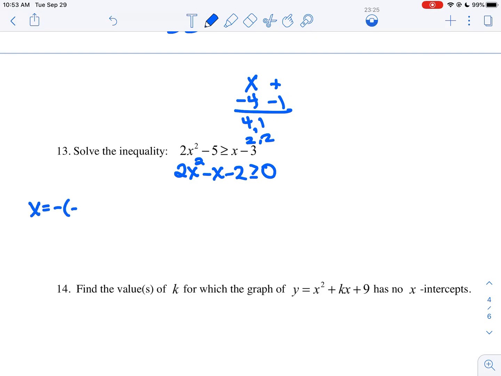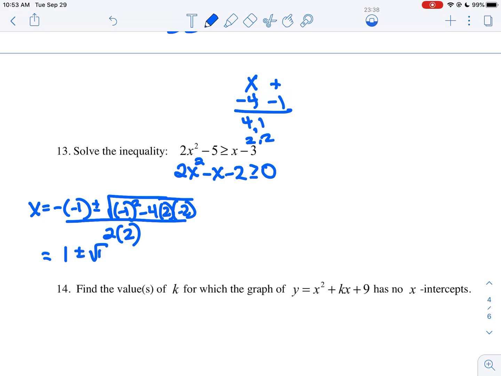So it's negative 1 plus or minus square root negative 1 squared minus 4 times 2 times negative 2. This is 1 plus or minus square root 17 over 4. Okay, so I understand that's not pretty. That's not pretty at all.